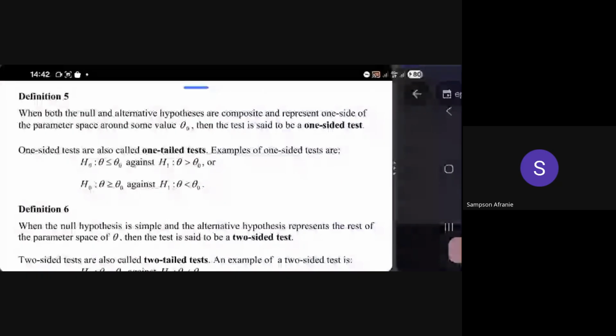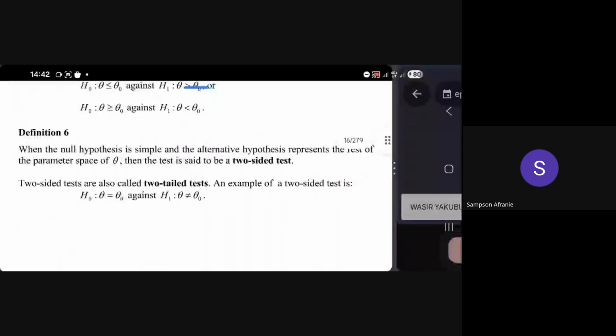Because I am checking only one thing, which is the greater than, I am going one-sided because I am not bringing any equal to into the picture. What I'm testing is just one. But when you go to the two-sided, in this instance, it's either I will say it's equal to or not equal to. So the moment I bring the not equal to, it means that I am going two-sided.